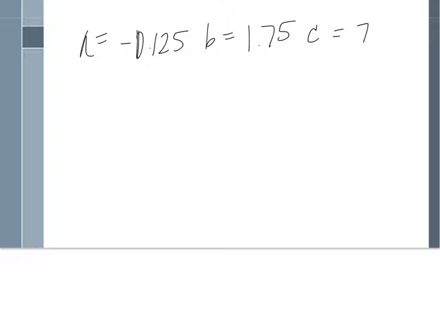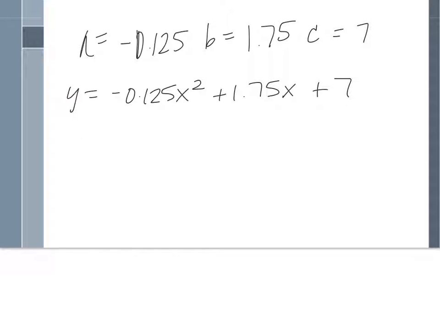All right, so if we finish up our work from the previous page, A equals negative 0.125, B equals 1.75, and C equals 7. So if I make an equation of that, that would be y equals negative 0.125 x squared plus 1.75 x plus 7.